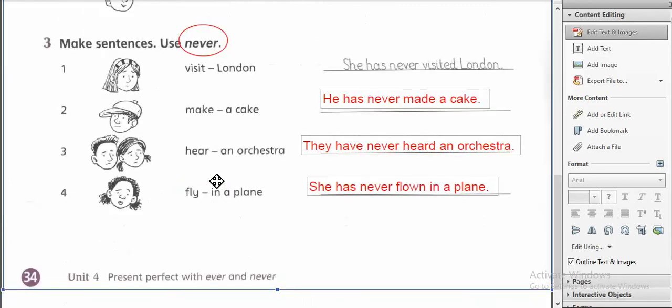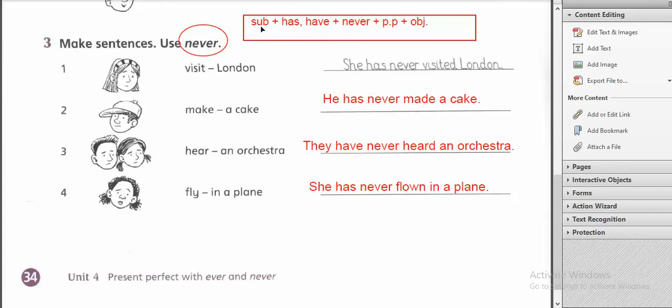Next. Make sentences using never. You know that never is for negative sentences. Let's make the sentences now. Visit London. Here we have a girl, so I use subject plus has or have plus never plus verb 3, then London.